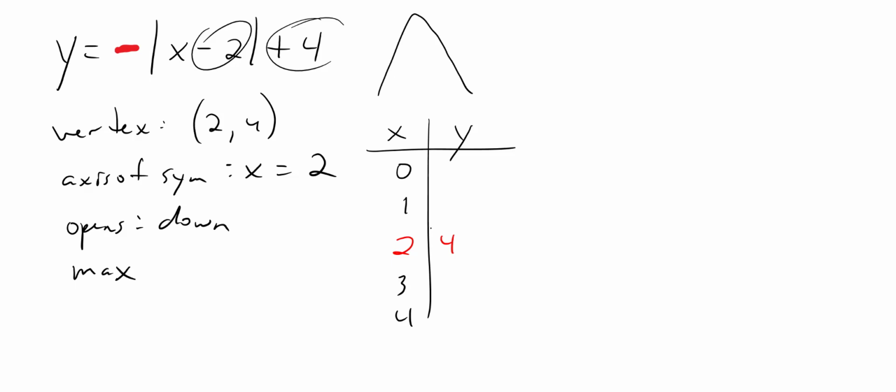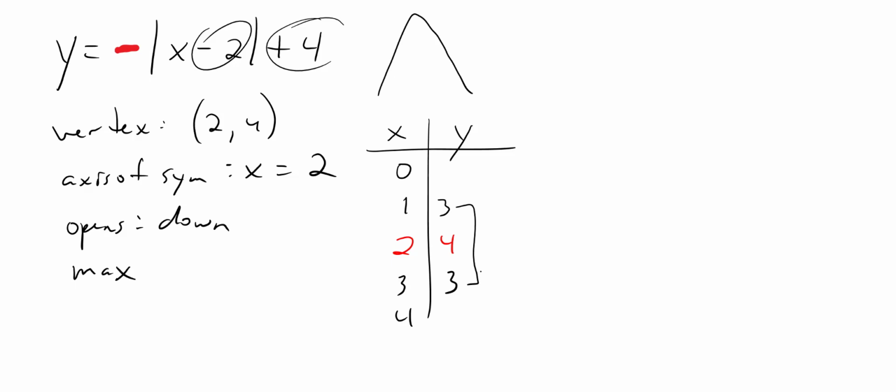Okay, so again, let's plug this stuff in here. So if I put a 3 in here, 3 minus 2 is 1. Absolute value 1 is 1. But that negative then makes it negative. Okay, it's important, right? So we have negative 1 plus 4 is 3. So this is 3. That means this is 3.